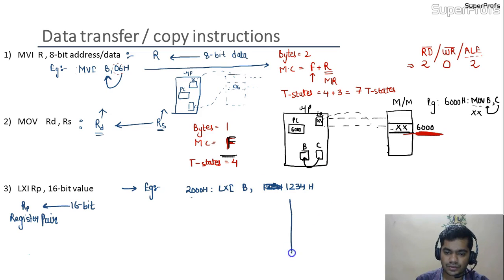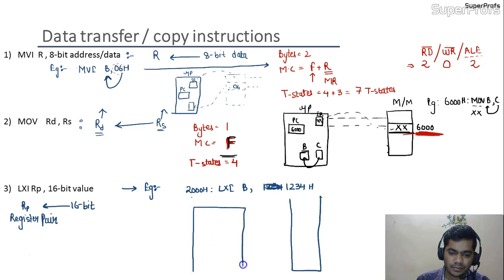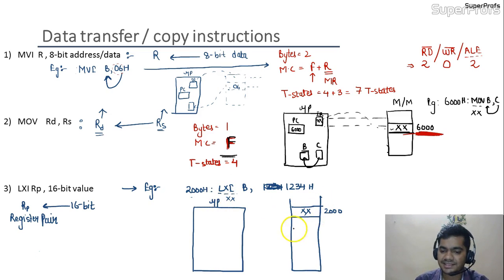To construct the memory representation, we again take the help of a block diagram like this. This is our microprocessor and this is our memory representation. At 2000 the opcode would be present. Again we are assuming the mnemonic for LXI is XX. Now at 2001, what is present?